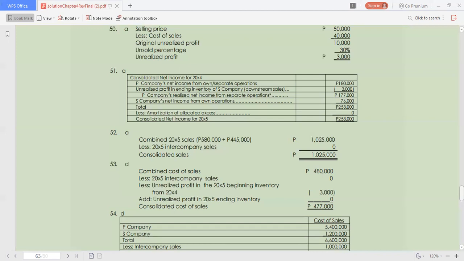For Eagle, 600 minus 320, it's 280 minus other expenses. So net income given is 180,000. Then we have to deduct the unrealized profit in ending inventory. That was in 20x4, meaning the profit is still unrealized.